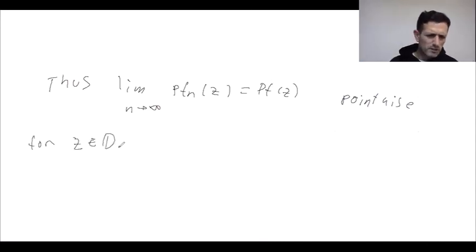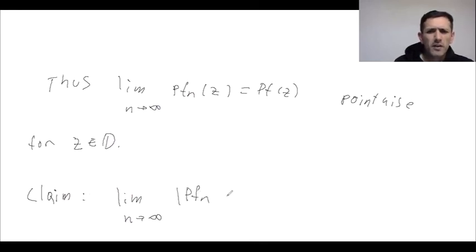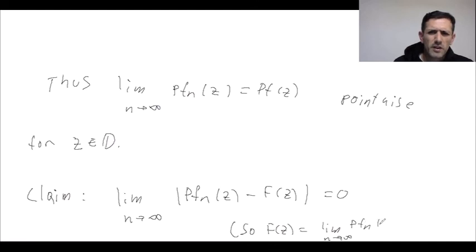Okay, and last but not least, I want to finish this up by claiming that, I'll write it like this, that Pf_n converges pointwise to big F on the unit disk. So in other words, that'll say F(z) for each fixed z is this limit here. Well, we already computed this limit.